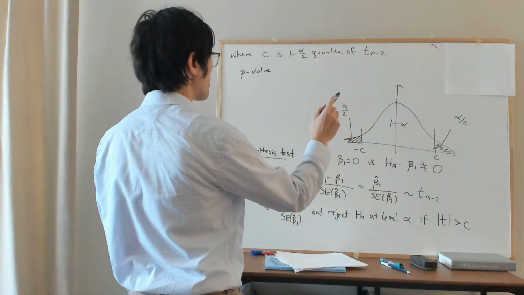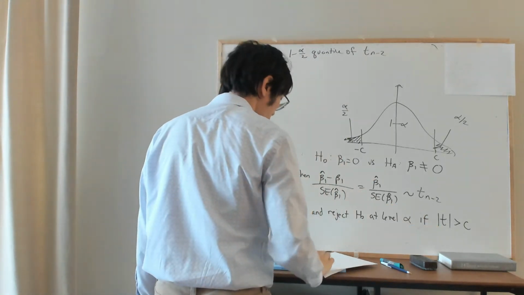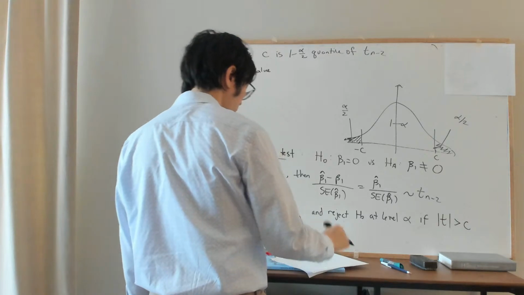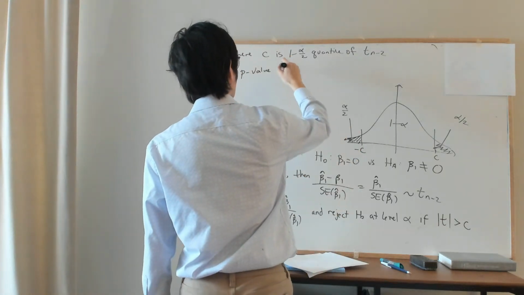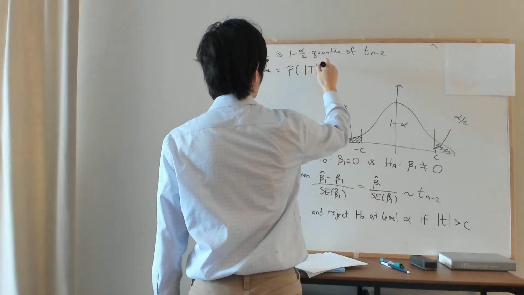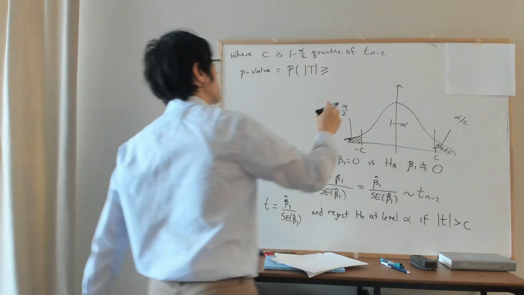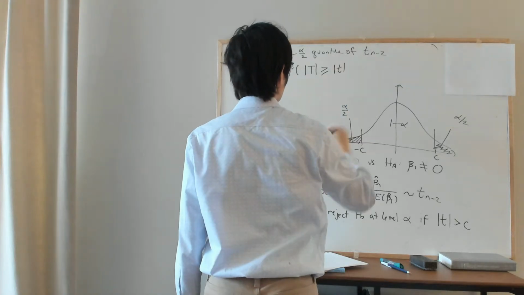And so, given the computed value of the test statistic, we can calculate the p-value to be the probability that this t distribution is, in words, equal to or more extreme than the observed test statistic.